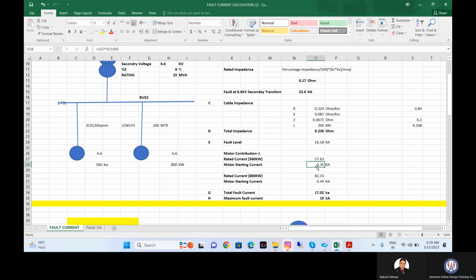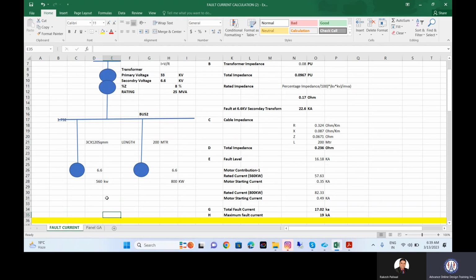But sir, in the motor case, the motor is not a source of energy, no sir? In case of fault current, the motor has some residual voltage. Because of that, the motor will rotate.